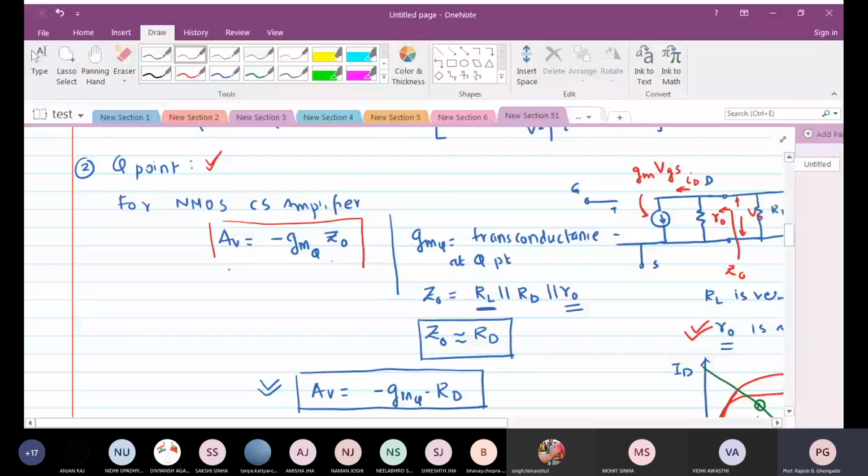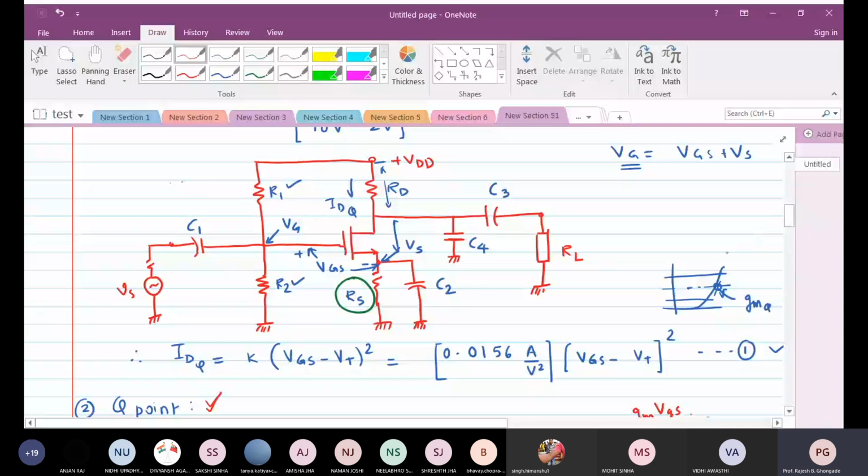It is nothing but minus, because it is a common source, we are expected to have a phase shift of 180 degrees between the input and the output signals. So it was equal to minus GMQ, that is the GM at the Q point. If the Q point varies, GM will also vary, because this is a non-linear curve.